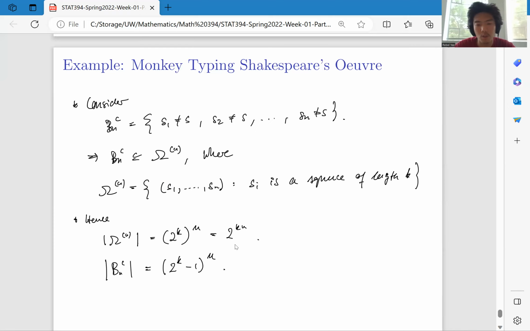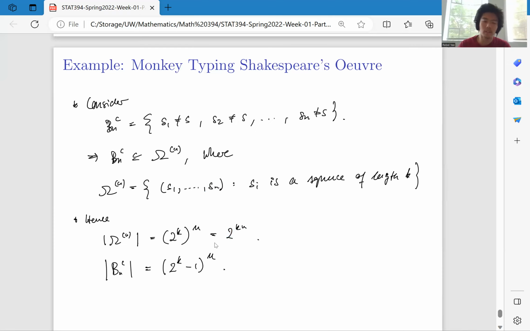So 2^k here is because S has k results, and because each case has n terms, it's to the power of n. That's like 2 levels, a nested power. So we found it's 2 to the power of n times k.